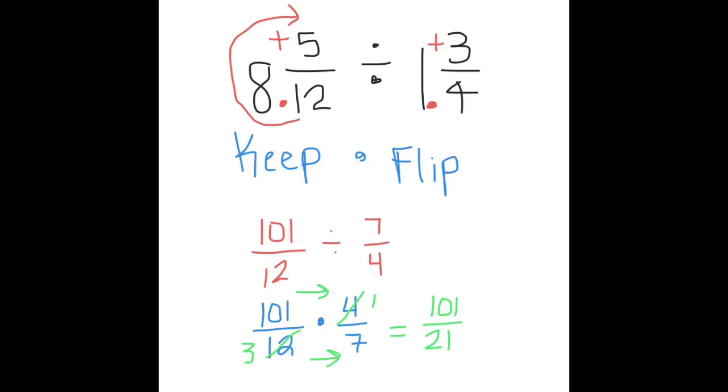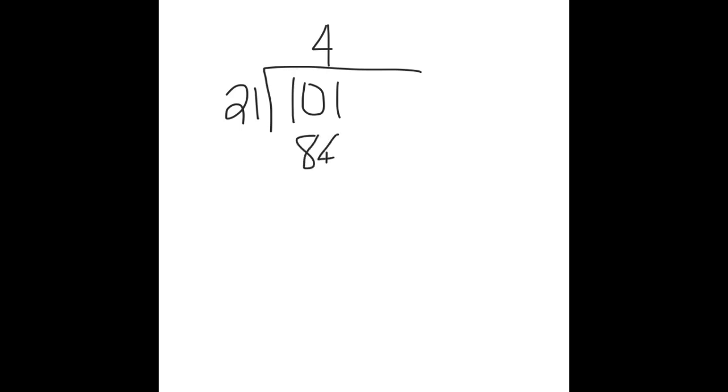So now we have to turn this improper fraction back into a mixed number. So let's do that. So I have 101 divided by 21. Well, 21 will go into 101 4 times with 84.